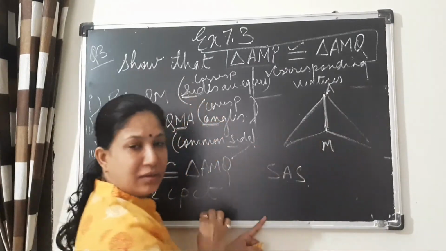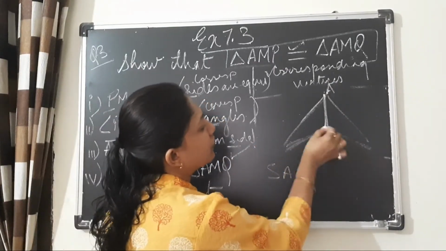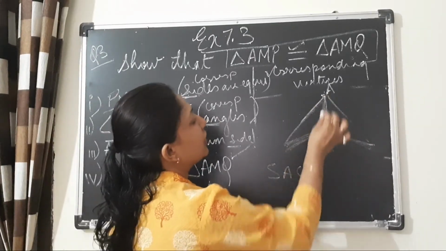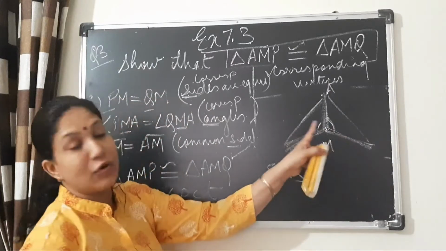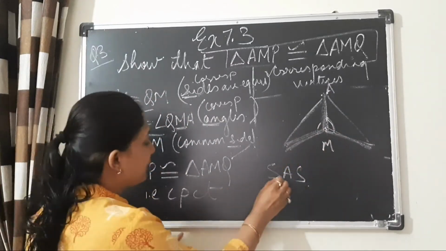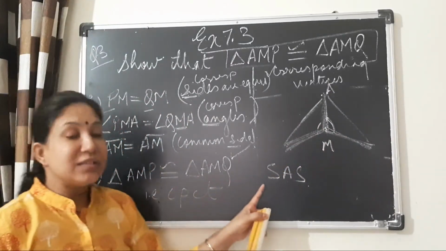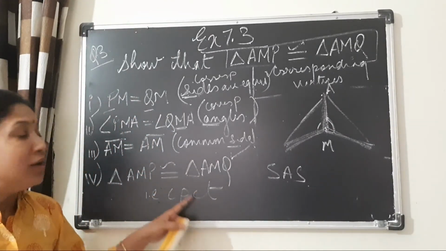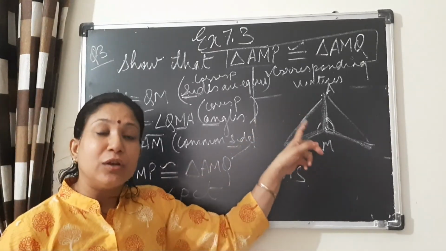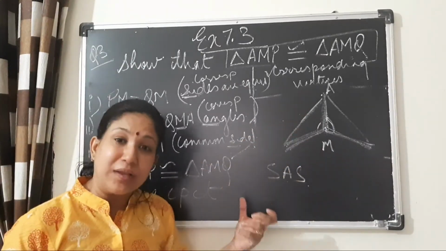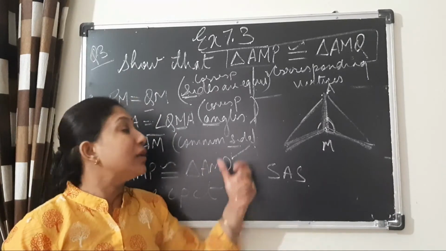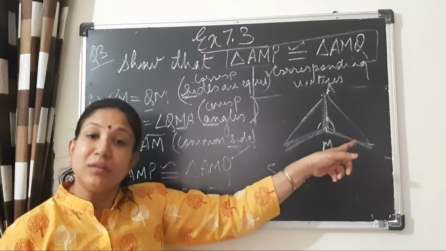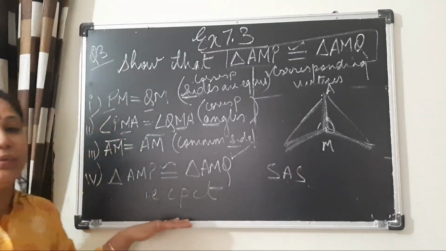AM is a common side, the other side is also equal, and within these two sides the angle is included. So by the side, angle, side congruence rule, the two triangles are congruent, because the two sides and the included angle of one triangle are equal to the corresponding two sides and included angle of the other triangle. So this will be your solution.